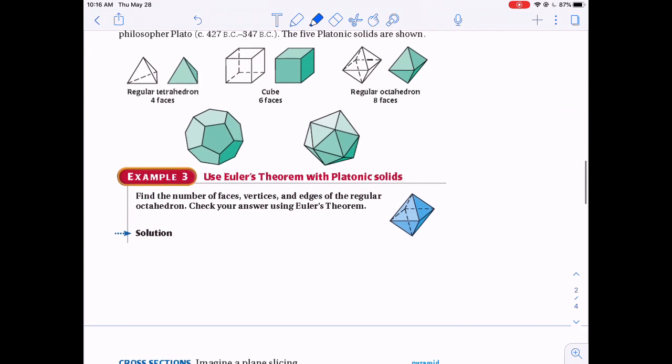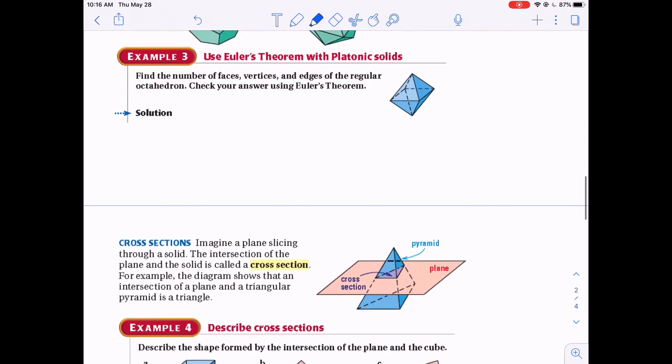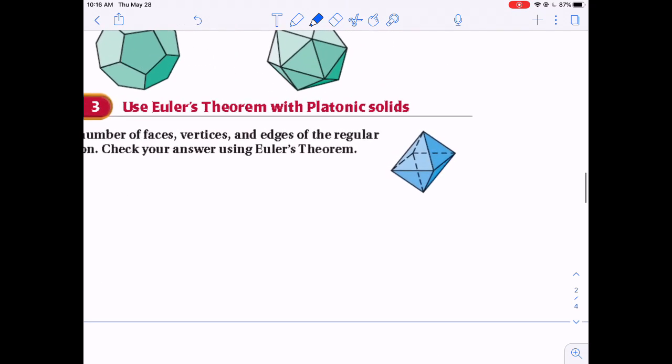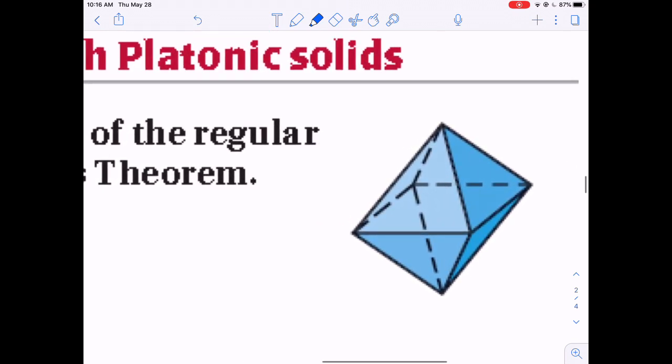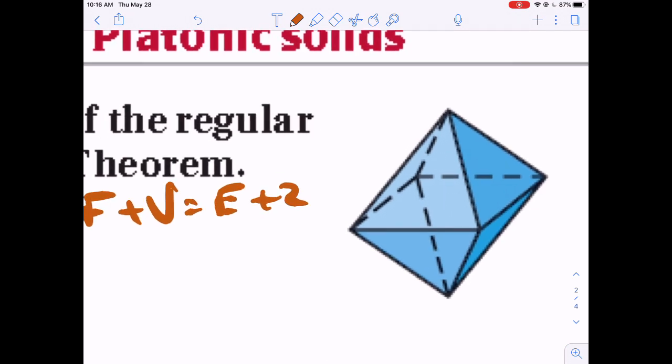Let's see. I want to find a shape that's easy to work with. We'll try this one first. Part of the trouble is getting practice counting all the faces, all the edges, and all the vertices. Again, the formula is F plus V equals E plus 2. On this shape, I'm going to count the faces first, in order from left to right on the formula.